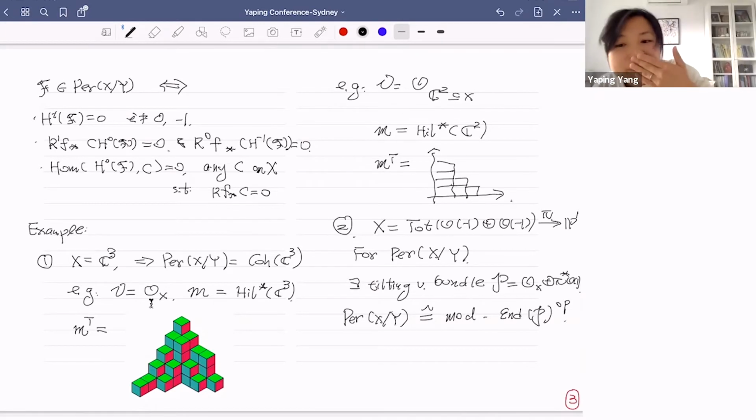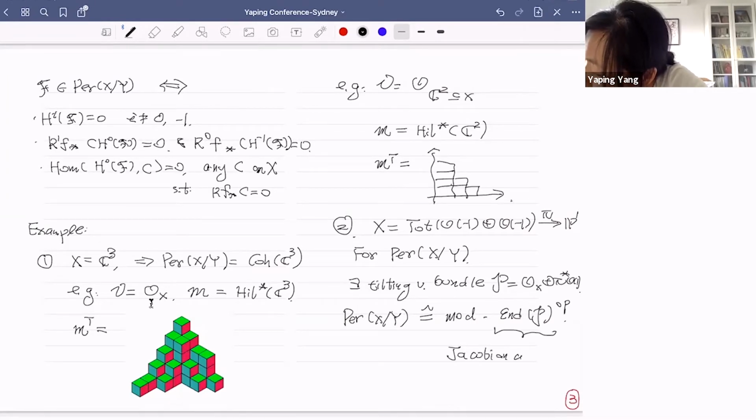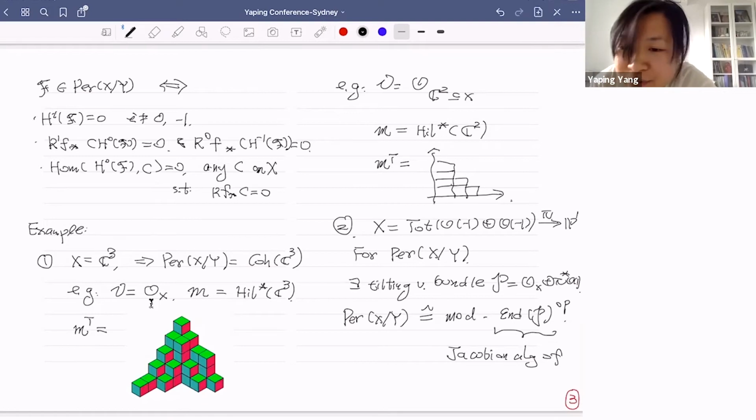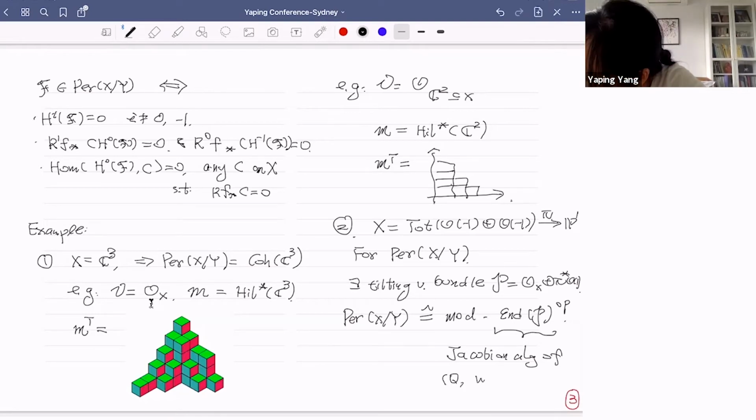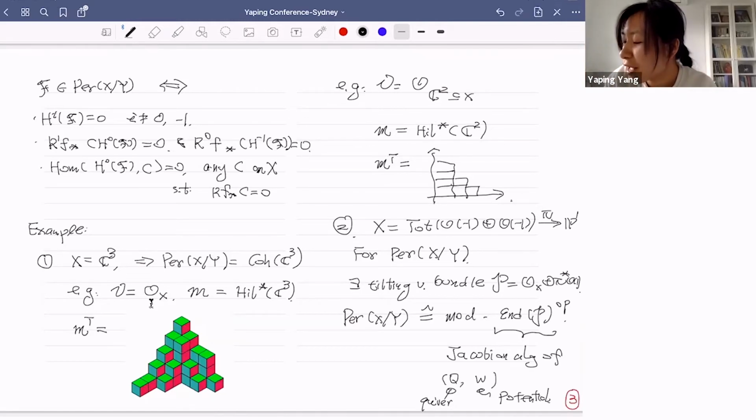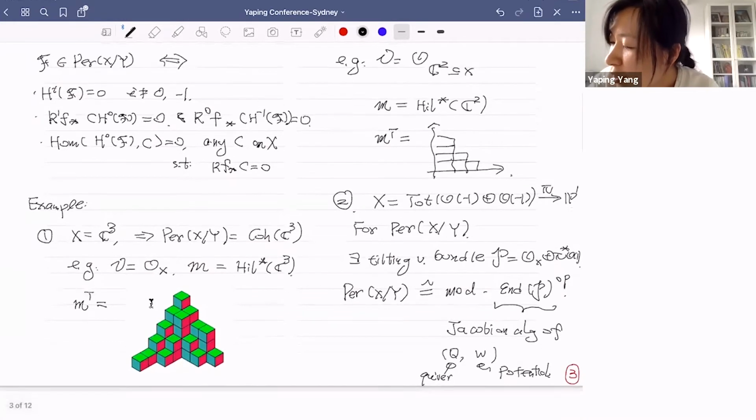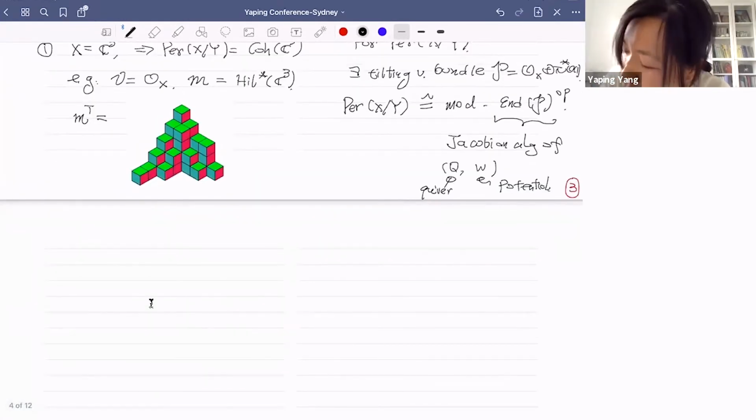Okay, right. So this algebra can be made very explicit. This is just the Jacobian algebra of some quiver with potential, Q and W. So this is the quiver, this is the potential. The Jacobian algebra means I'm taking the path algebra of the quiver by imposing some relations, and those relations are obtained by the derivatives of my potential. Okay, and so let me draw the quiver for you in this example.